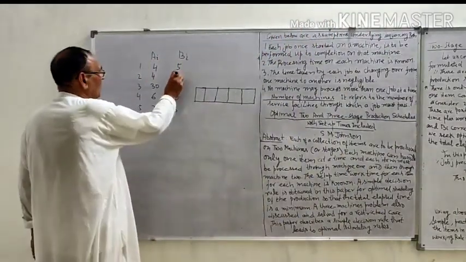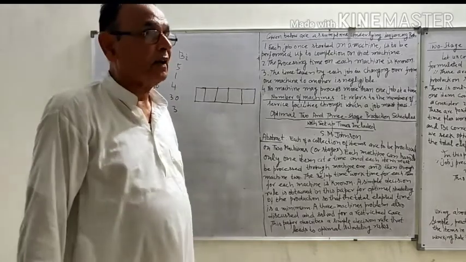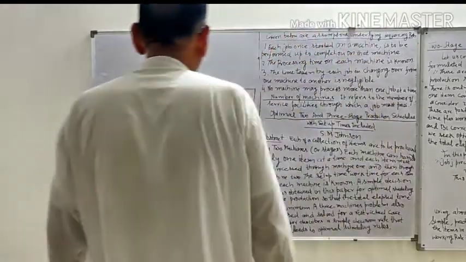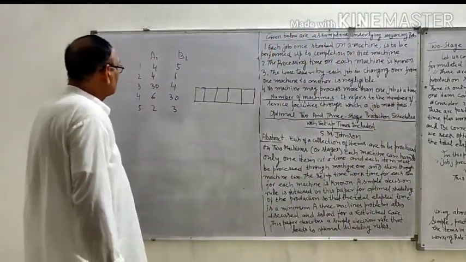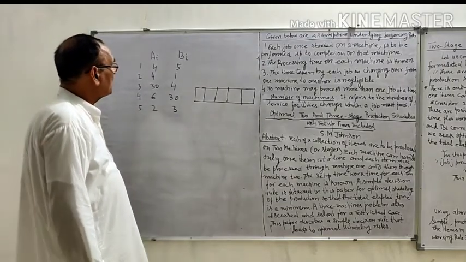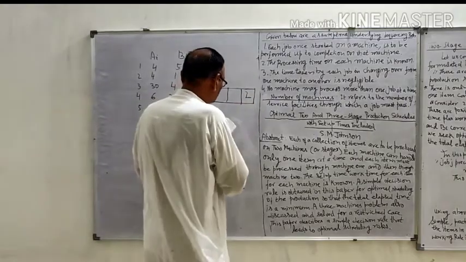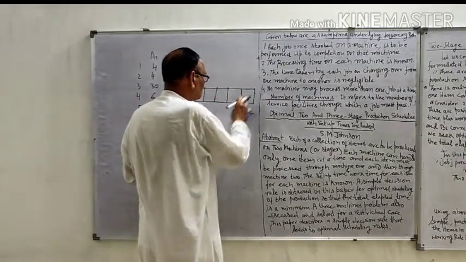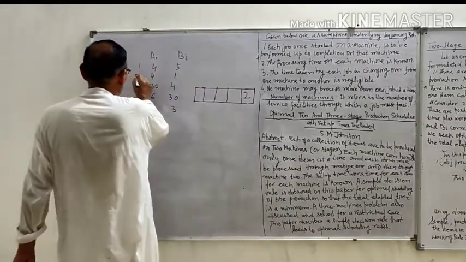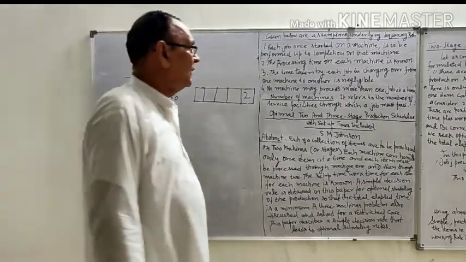This is 1. 1 is the smallest processing time, but it occurs for machine B, not for machine A. Therefore the corresponding job 2 must be placed in the last column. This is 2.